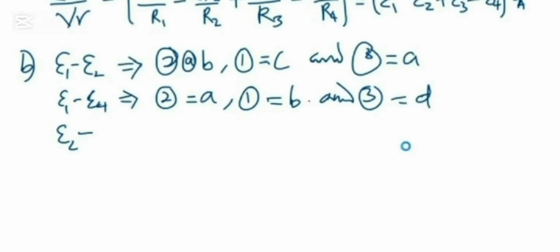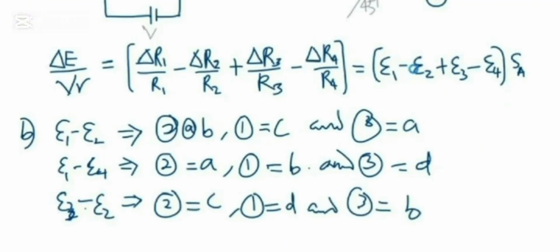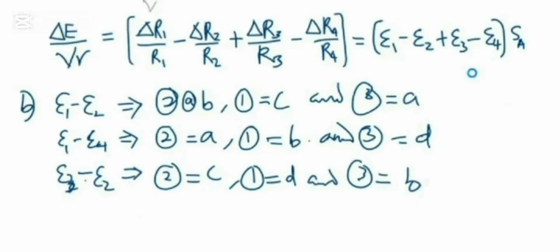We can also have another scenario, E3 minus E2. If you have this scenario, then 2 should be connected to C, 1 should be connected to D, and 3 should be connected to B. And we can also have the last scenario. If you look at the equation here, on the right hand side, we can also have E3 minus E4.